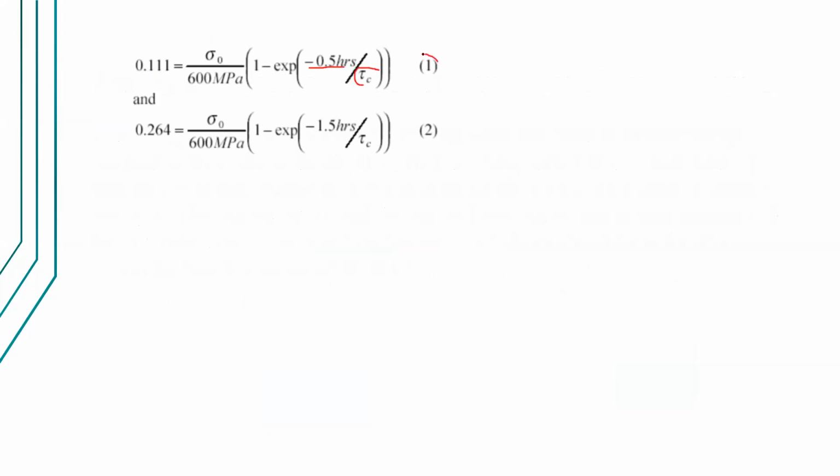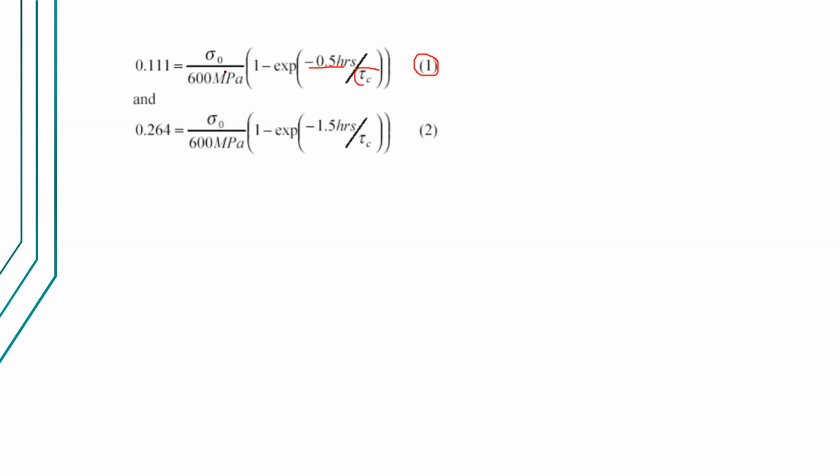That will be called equation 1. The initial stress is unknown, it's not given, so we'll leave it like that. And then the 600 megapascal is the E. E is 600 megapascal.